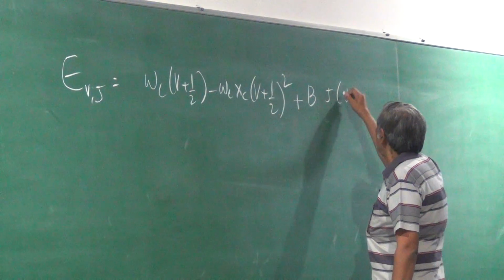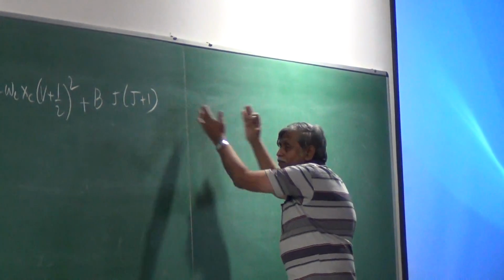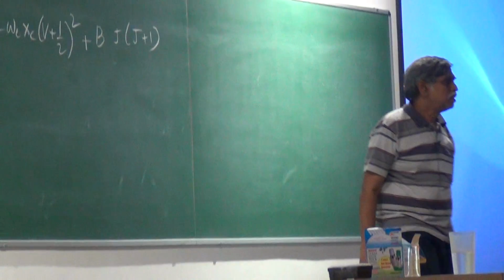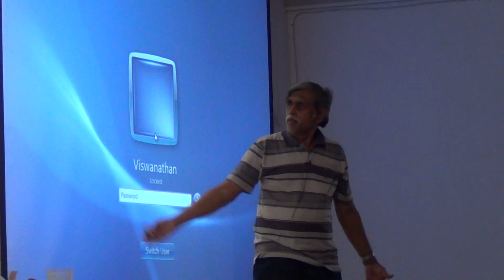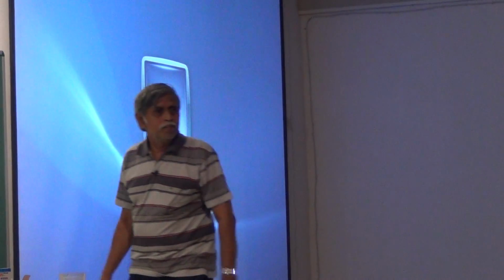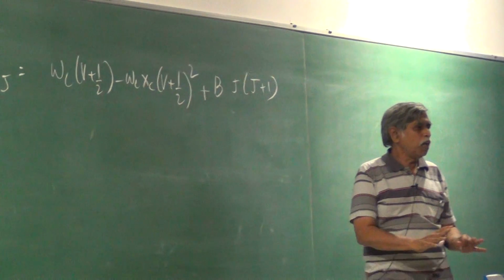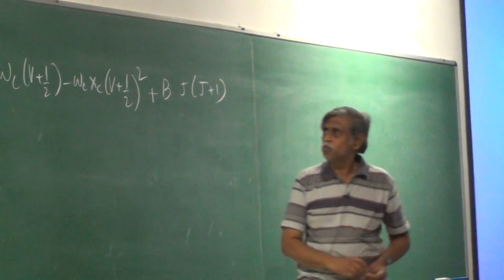So I'm going to have plus this much, plus or minus D into J into J plus 1 whole square. I think we have enough complications, so we will not worry about the D and we will come back to D later. We will simply look at the vibrational part and the rotational part, and this rotation we just keep down to just a B.